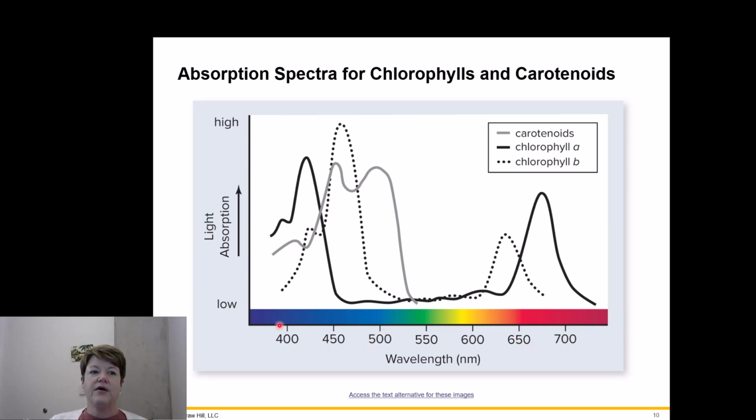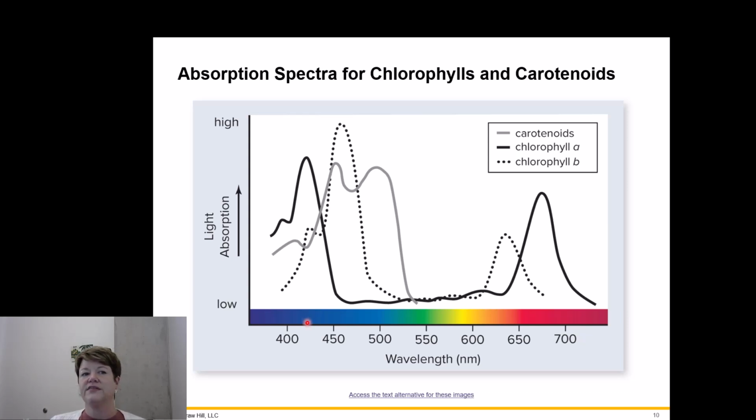Now, pigments that absorb these wavelengths, for example, the carotenoids and the chlorophylls, what they're showing in this graph is where each pigment has a high level of absorption of that light. So I'm going to put my pointer right here. This is chlorophyll A. Chlorophyll A seems to have a peak of absorbance in maybe the 425 nanometer range.